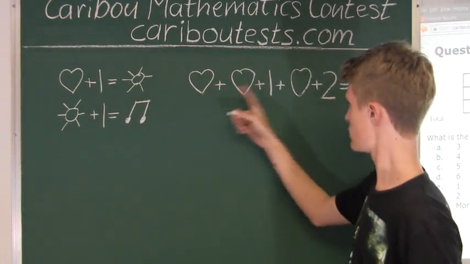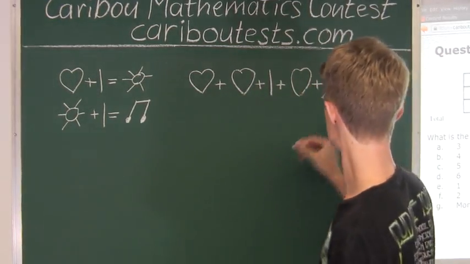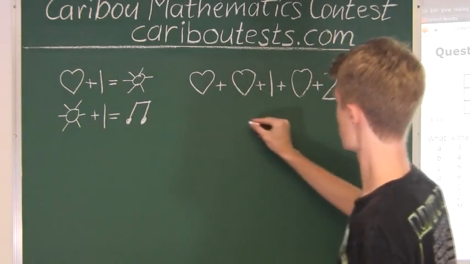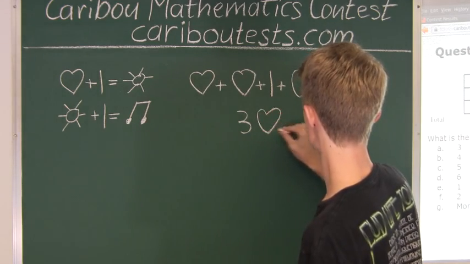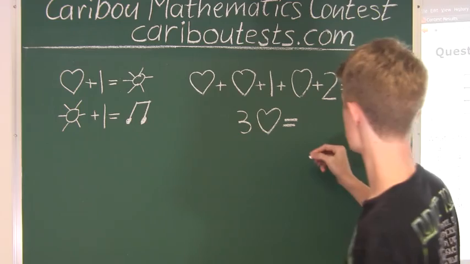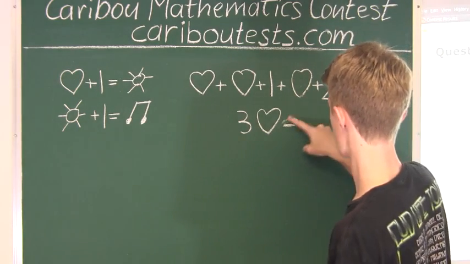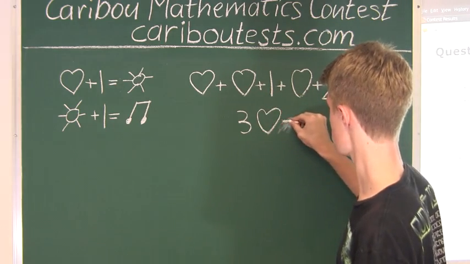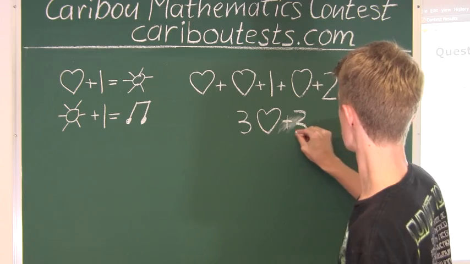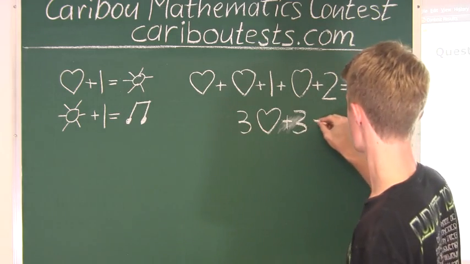Okay, now adding up the hearts, we have 3 hearts, and actually we have 3 hearts plus 3, because plus 1 plus 2, and this is equal to 12.